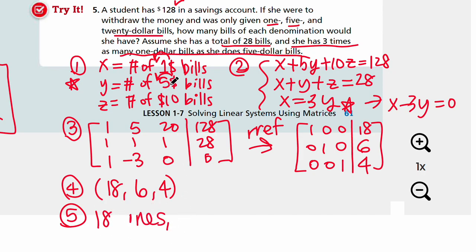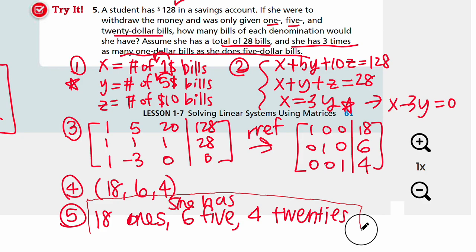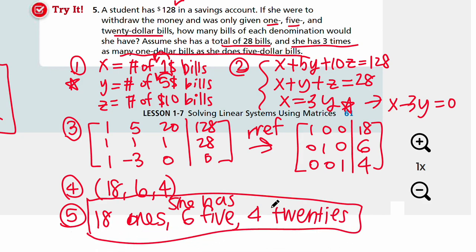And how many $5 bills do you have? 6 $5 bills. And you have 4 $20 bills. Okay? So you can say she has 18 $1 bills, 6 $5 bills, and 4 $20 bills.